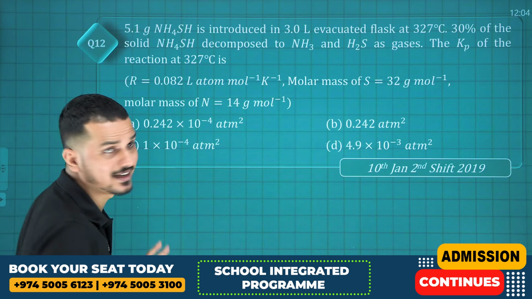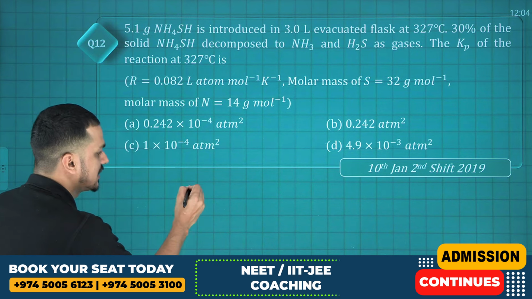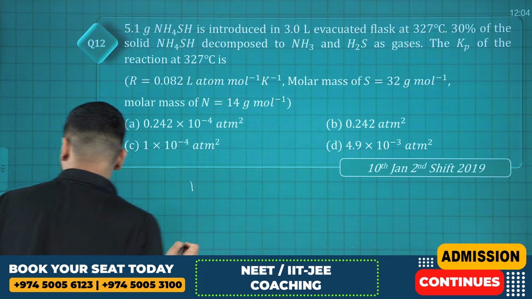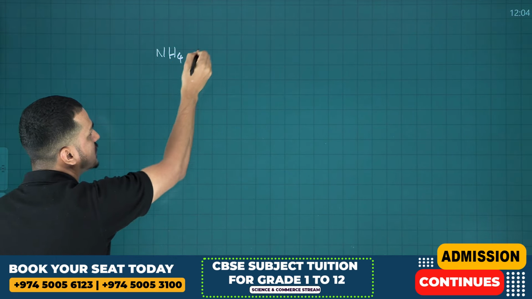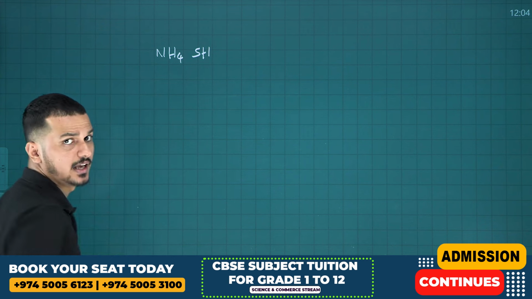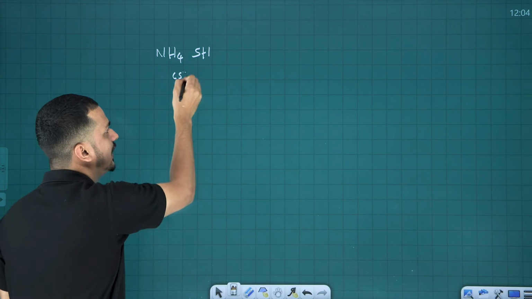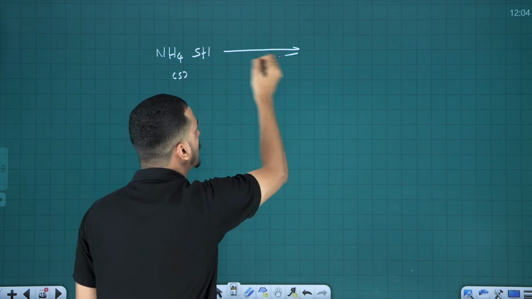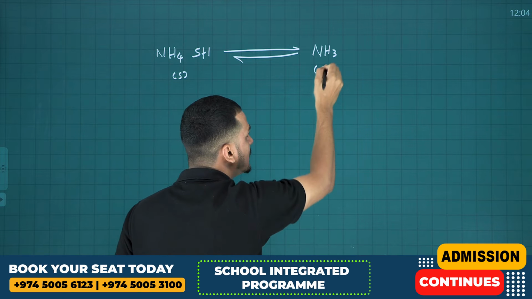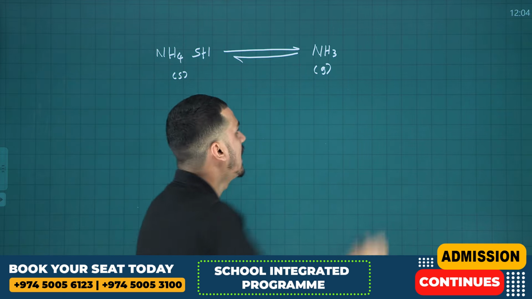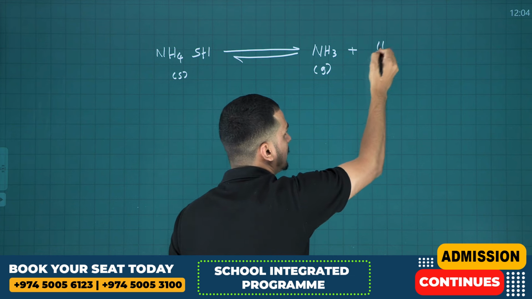First of all, we have to write the reaction. I will write it here on the new slide. NH4SH is a solid. Once it dissociates, how does it dissociate, dears? It will dissociate as NH3 gas, ammonia gas, and H2S gas.